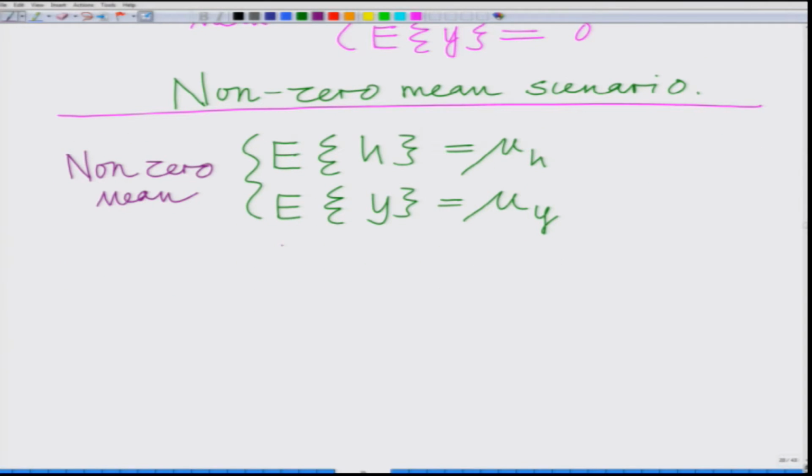Now, what we are going to do is define two new random variables, h tilde, which is h minus mu h, and y tilde equals y minus mu y. From h we subtract its mean mu h, from y we subtract its mean mu y. Now you can see h tilde and y tilde have 0 mean.